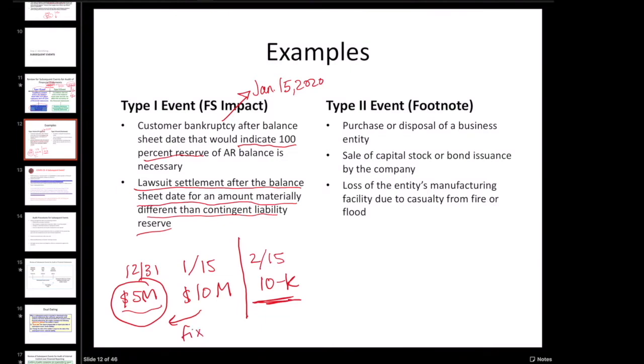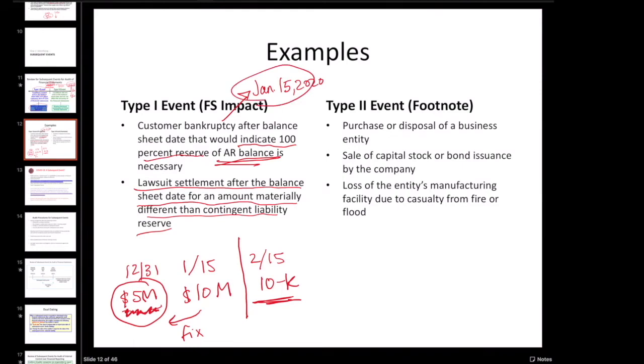I can fix them, I can update them, and make them more materially correct than they were. Because really, this $5 million was a bad estimate. And same with this AR balance. I didn't know this company was going bankrupt until January 15th.